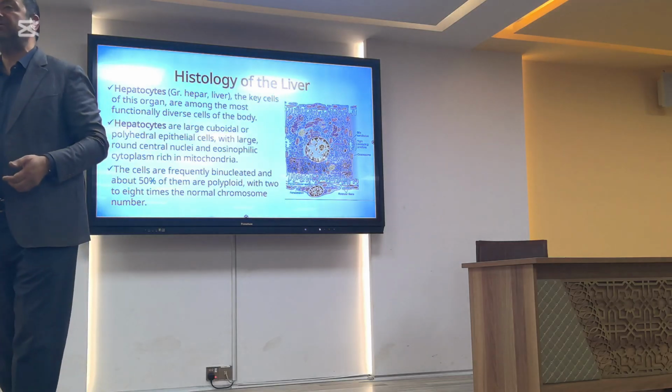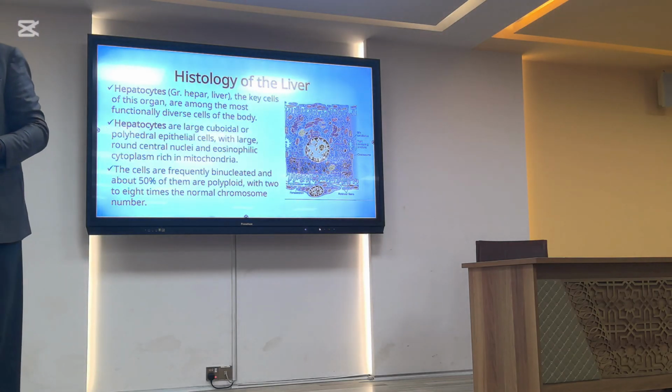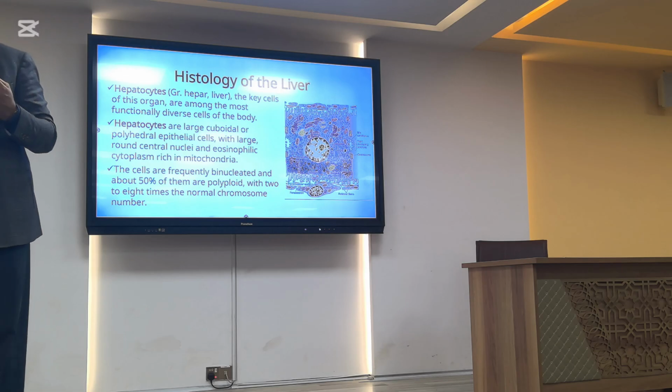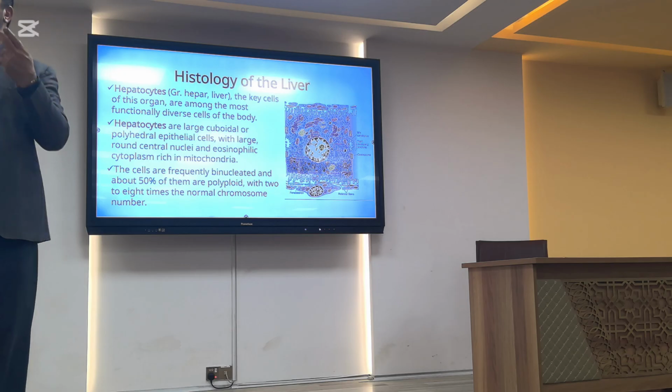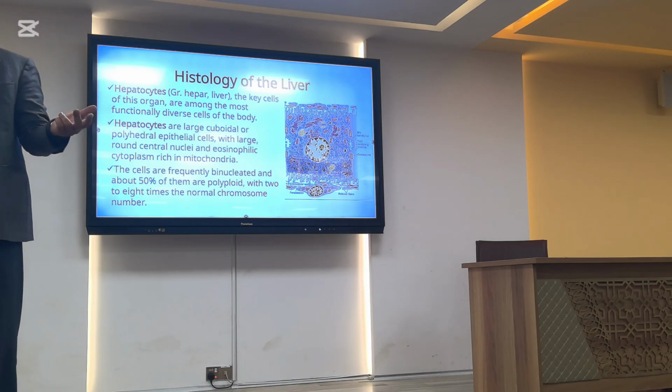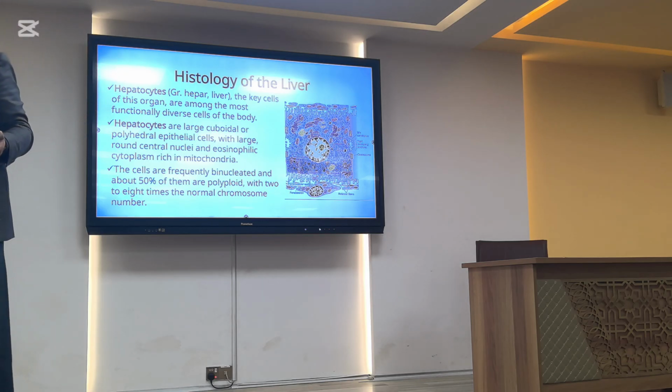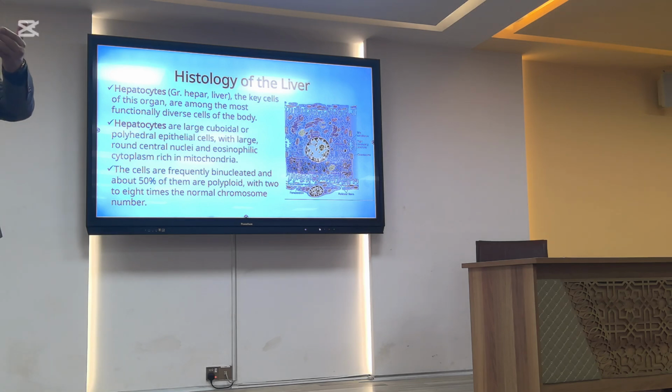What's polyploid? 2N chromosome is normal. More than 2N chromosomes.